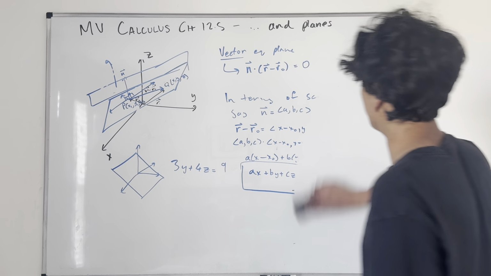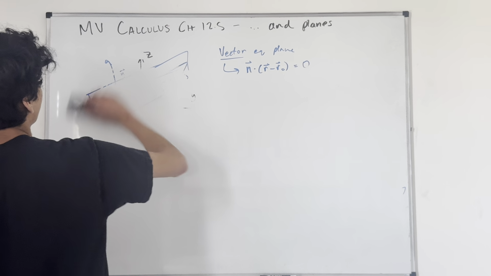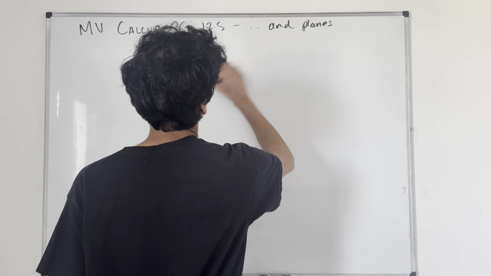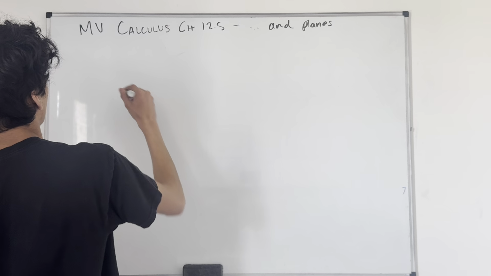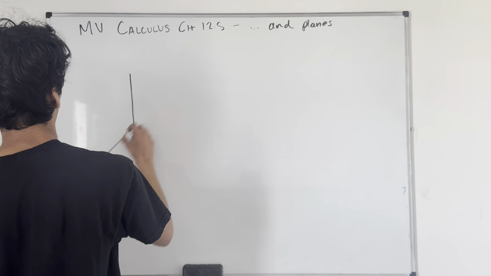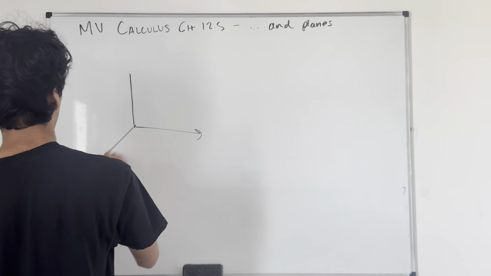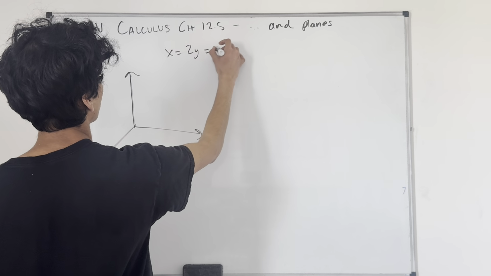Let's go over an example. Let's say we have a line, and first let me draw an axis. So this is our little axis we can use. And we have a line defined by x is equal to 2y, which is equal to 3z.